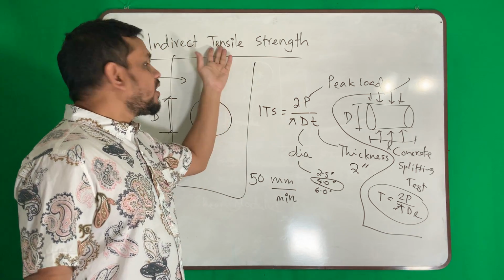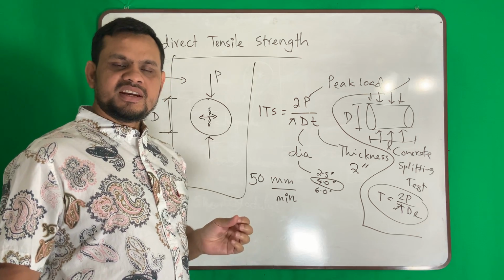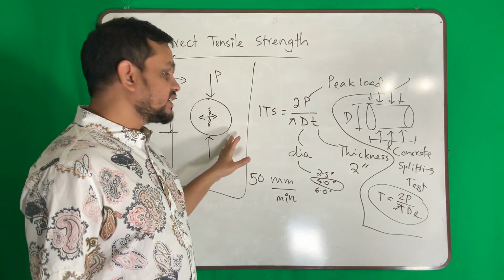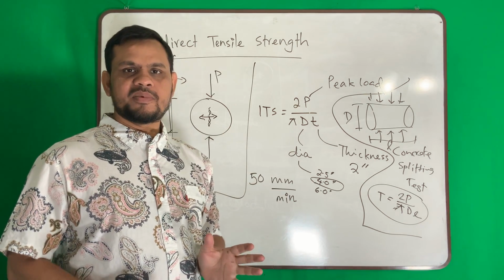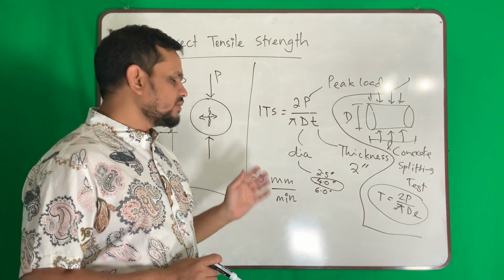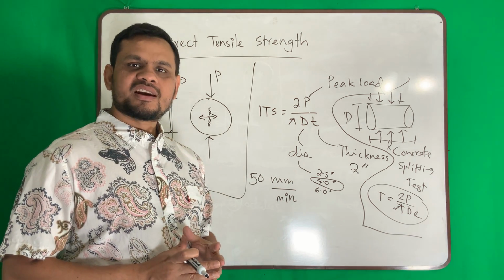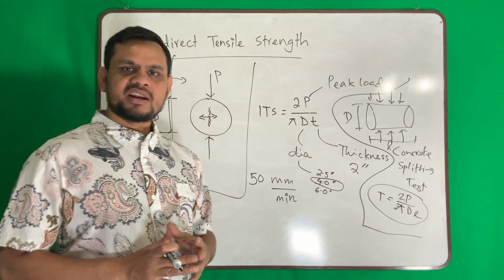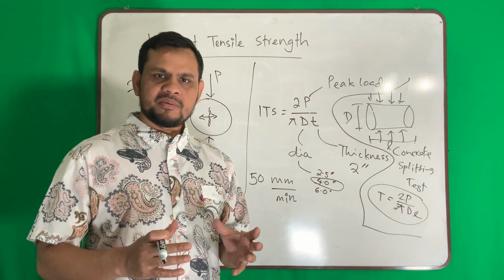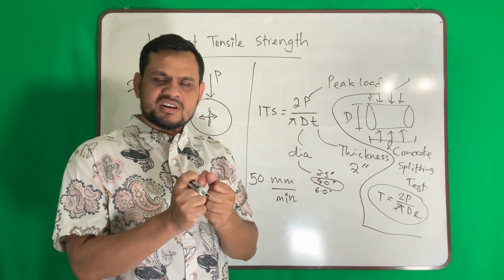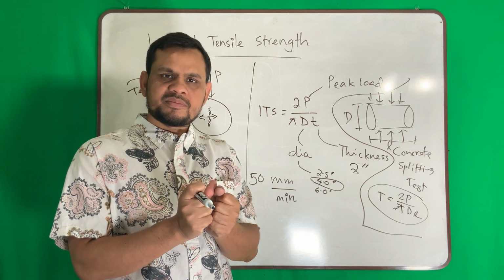Something else also, why do we need this test? We need this test to determine the tensile strength of asphalt concrete, which is required for the thermal cracking model. What is thermal cracking? If the temperature of the pavement decreases, asphalt contracts and tensile strain develops.